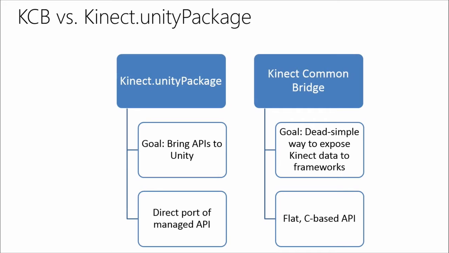Kinect Common Bridge, the goal is a dead simple way to expose Kinect data to those frameworks. So we didn't have the same goal of getting the full API surface exposed in the same way. It was really just, as Carmen said, on that gamer's loop, I want to pull, I want to get a frame, and I want to keep going on with whatever I'm doing in my app. And those are flat C-based APIs, so they're not a direct port of our managed, or frankly, even a direct port of our native API, right?